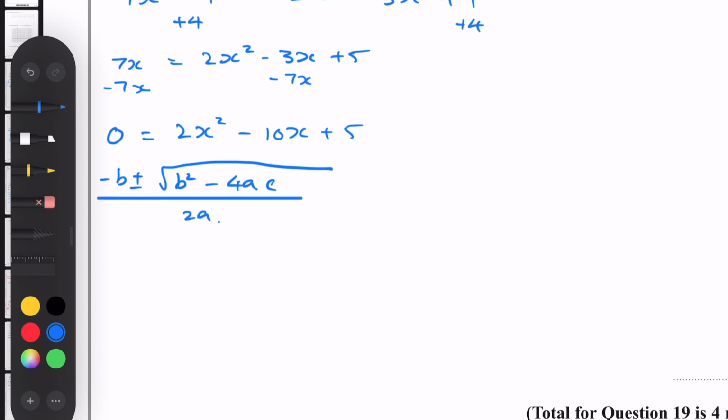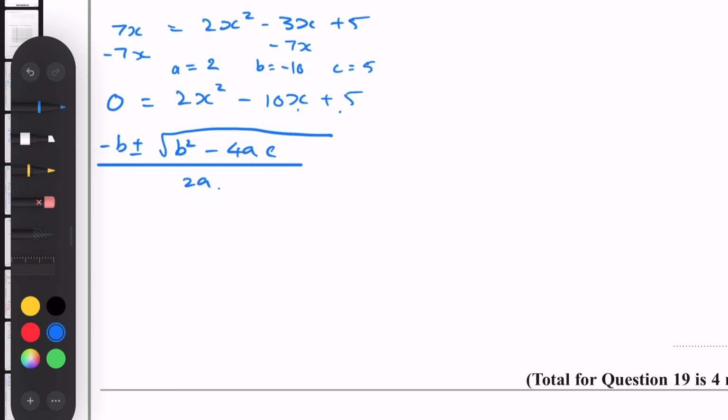And the a is the number that's in front of the x squared, so a equals 2. The number that's in front of the x is b, so b equals minus 10. And the number on the end is your c there, and that's going to be 5. And it's just about substituting your numbers into the formula.